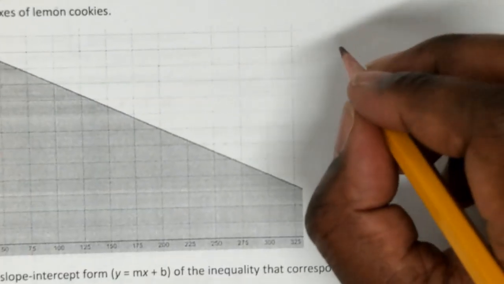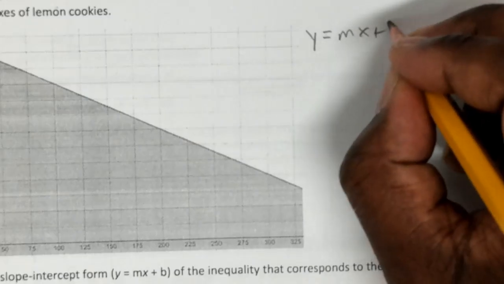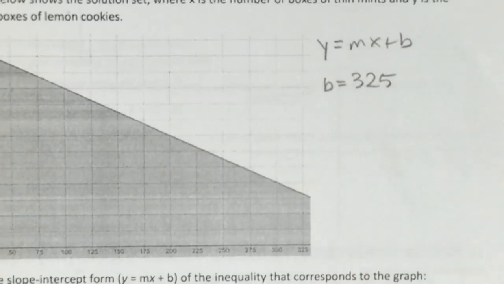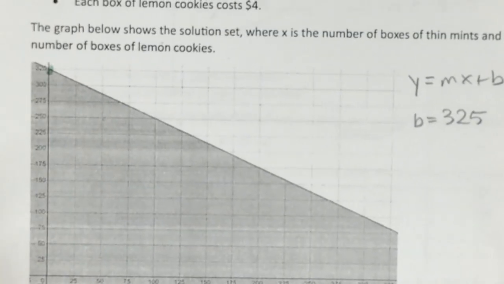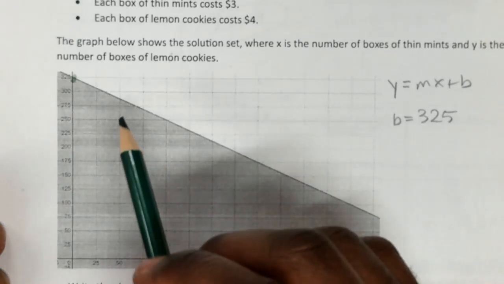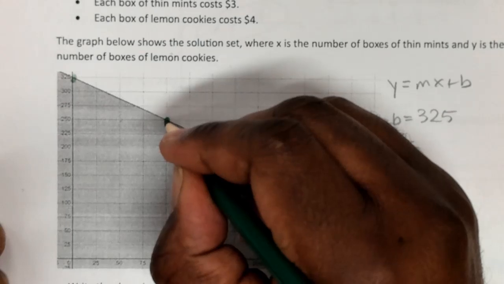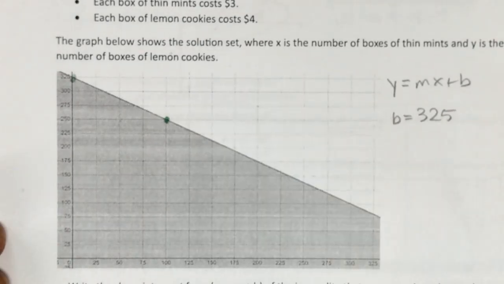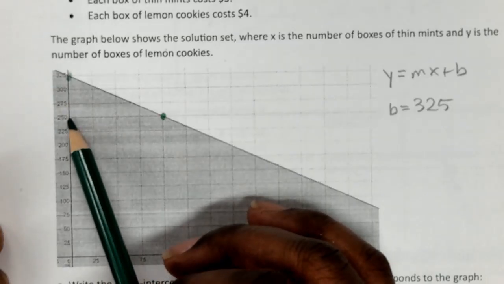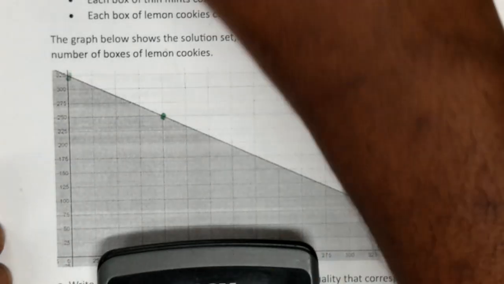Remember, when you write things in y equals mx plus b form, we know that b in this case is going to be 325. Now we need to select another good point. Another good point would probably be this point right here, because you want to catch a good corner, and that's a good corner right there.